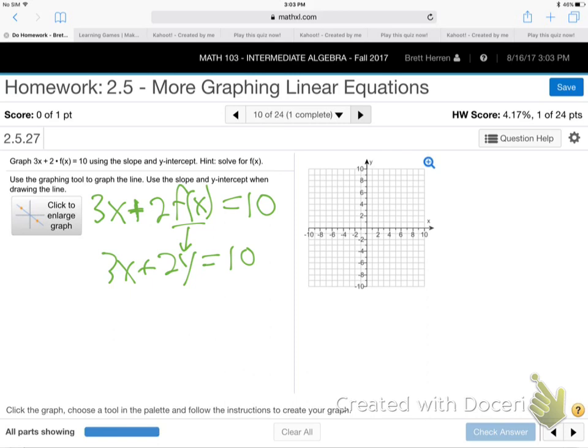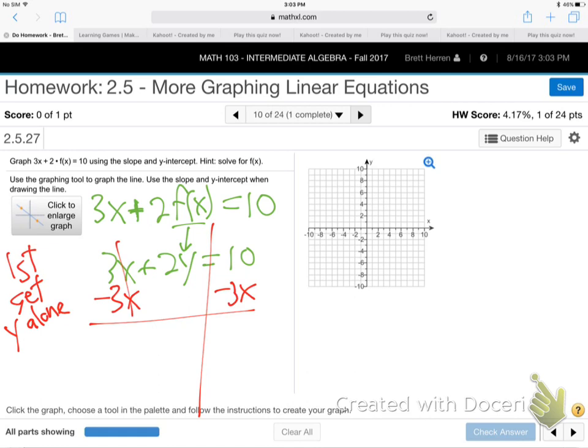What do I mean normal? What do we do next to graph it? Yeah, got to get y alone, right? So first, get y alone. To get y alone, we subtract 3x, and we get 2y is minus 3x plus 10, like so.